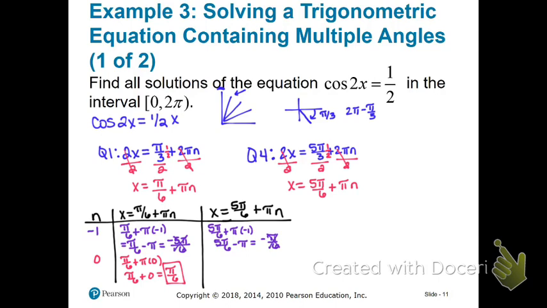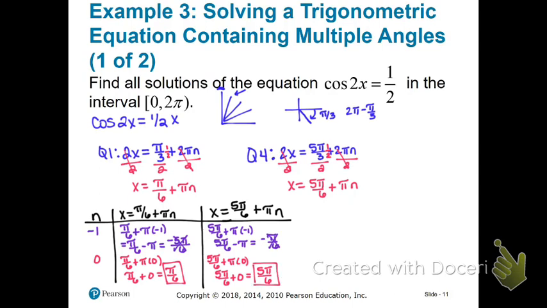So I'm going to box it so I don't lose it. Plug in 0 to the second equation for n. We get 5 pi over 6. Is that between 0 and 2 pi? Yes.